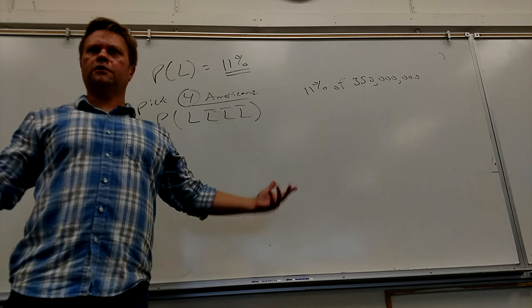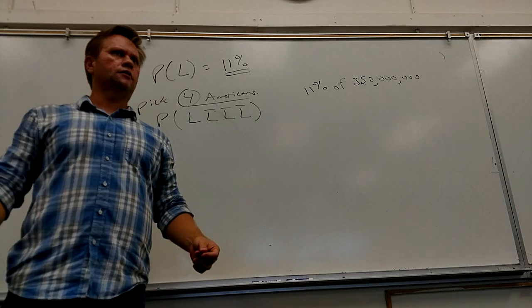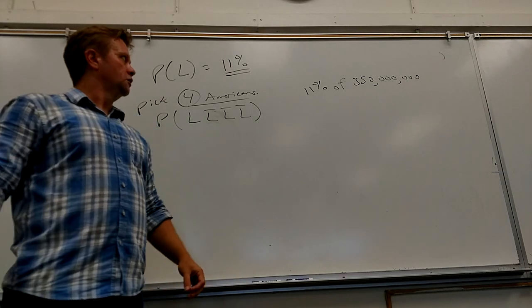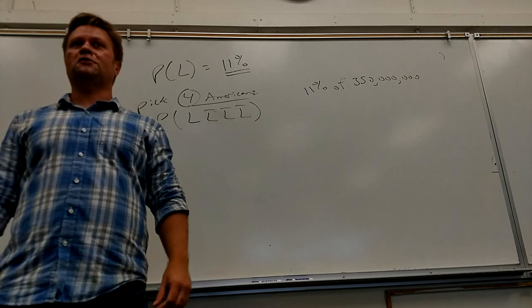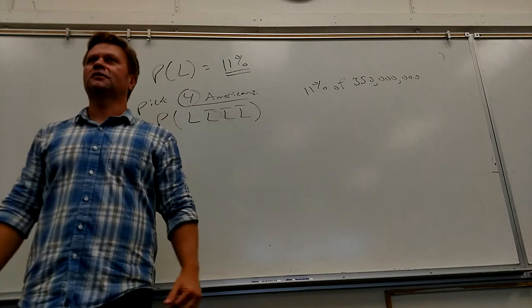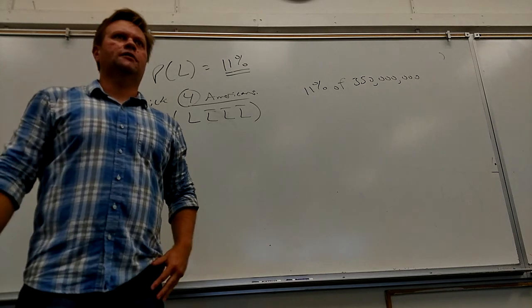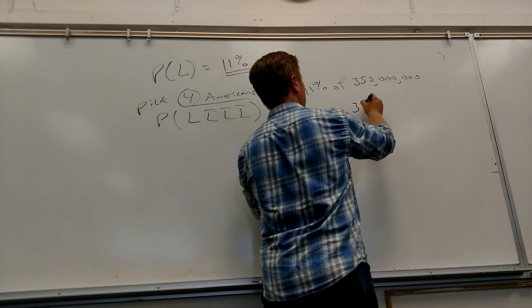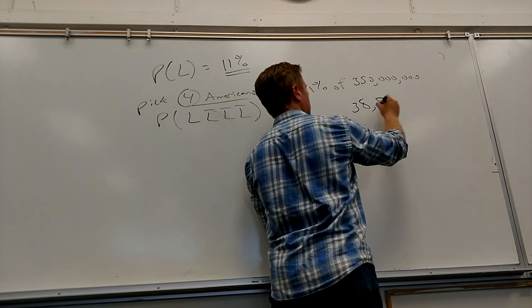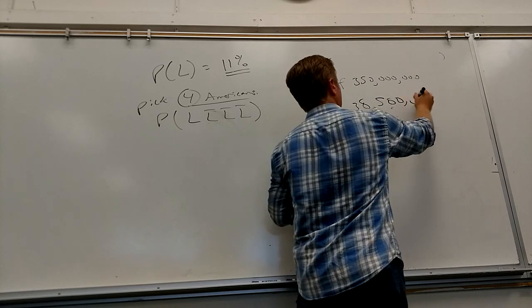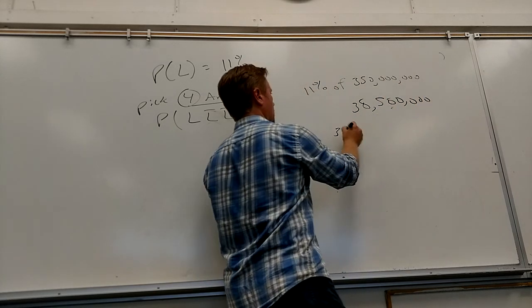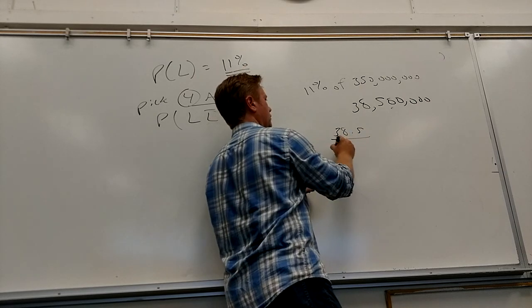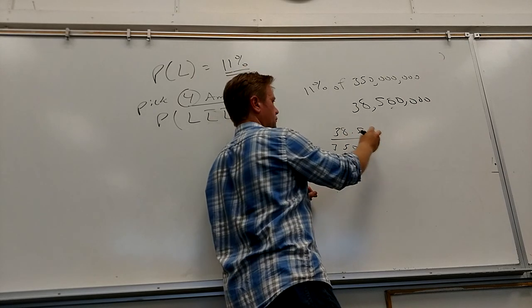You can just do 0.11 times 350 and say million at the end. It's 38.5 million. So 38,500,000 out of 350 million.